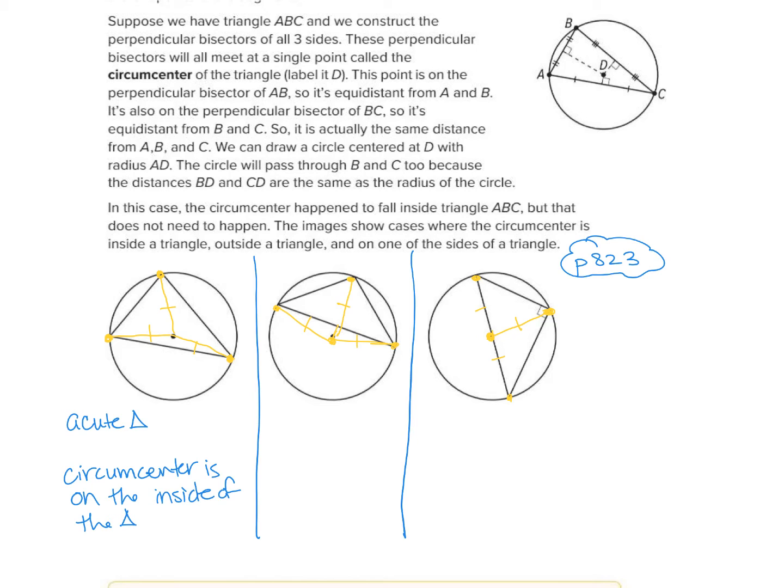The second diagram, that's an obtuse triangle. You don't remember an obtuse triangle? That's got one angle greater than 90. This is my obtuse angle. It's larger than 90 degrees. And my circumcenter for an obtuse triangle is on the outside of the triangle.